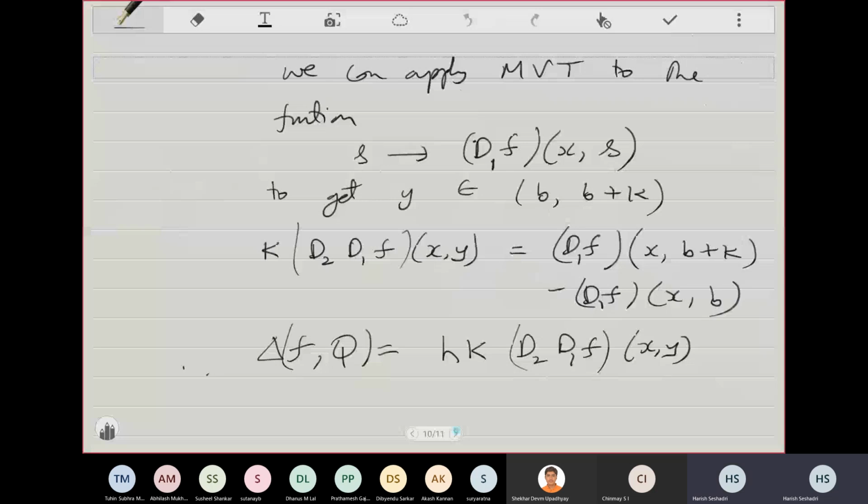Okay, so this fact that if f is C2, then for the mixed second order partial derivatives it doesn't matter which order you take them in, is very important, and it's used very routinely everywhere.